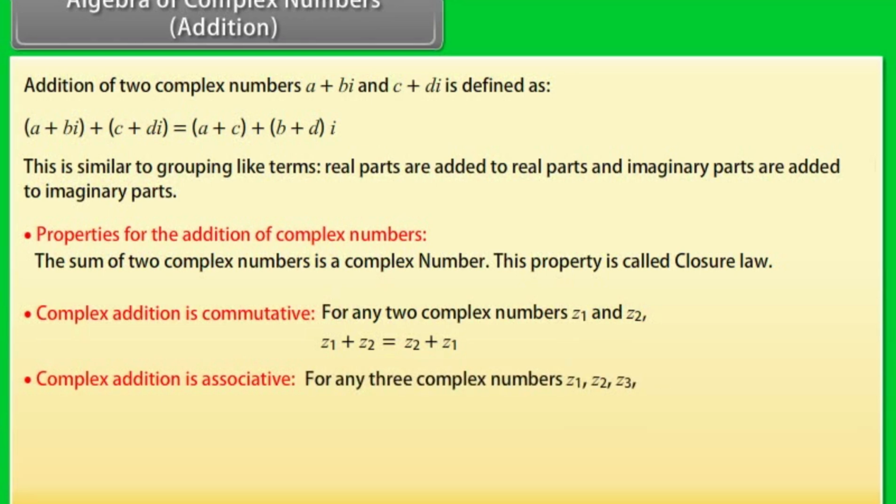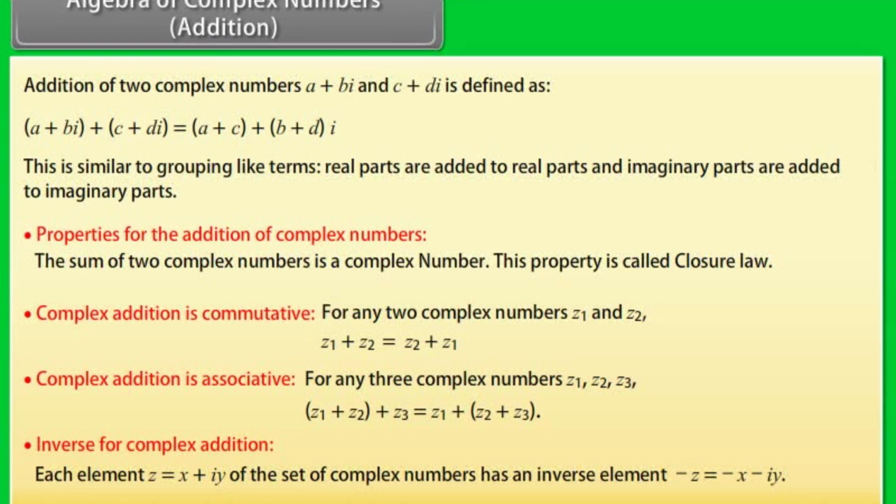For any three complex numbers, Z1, Z2, Z3, Z1 plus Z2 plus Z3 is equal to Z1 plus Z2 plus Z3. Inverse of complex addition. Each element Z equal to x plus iota y of the set of complex numbers has an inverse element. Minus z is equal to minus x minus iota y.